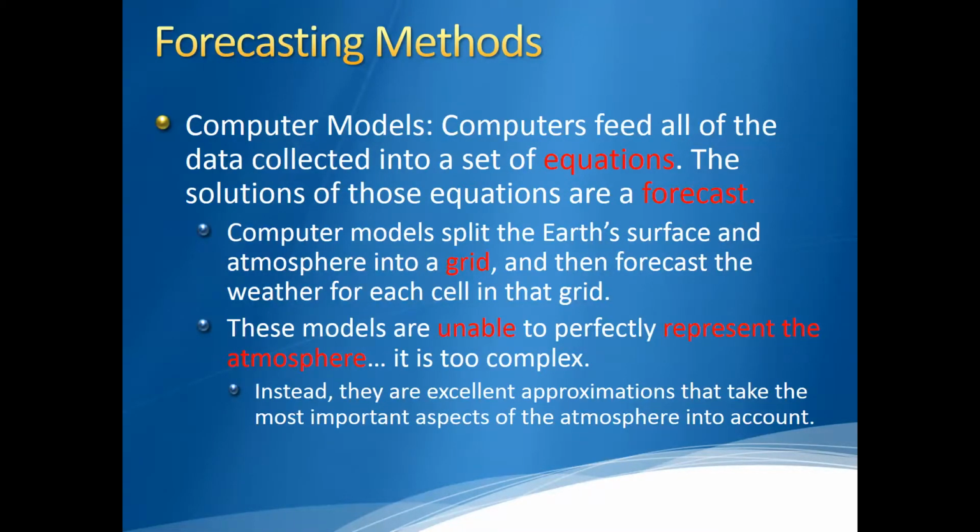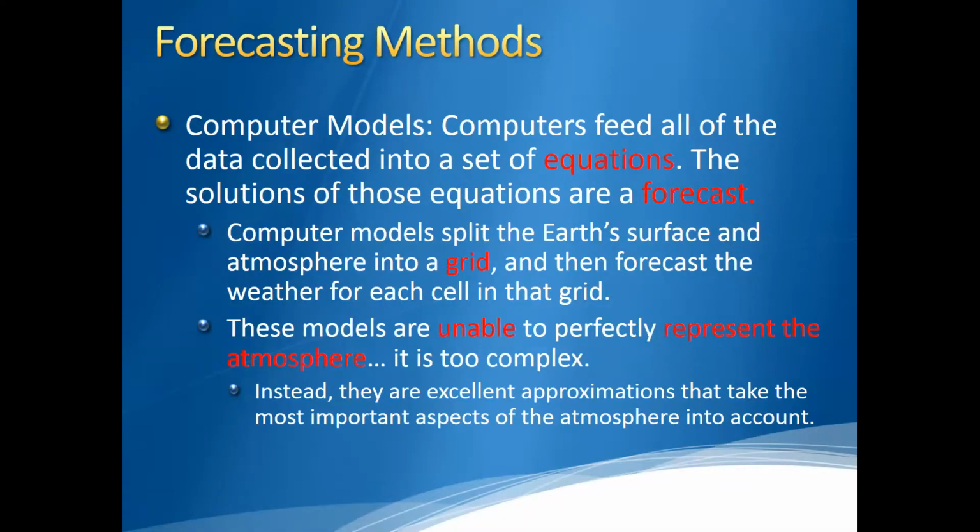So imagine a map of the Earth and then splitting it up into, say, 4 equal squares. And then you do a forecast for each one of those 4 squares. And we don't just do this for the surface, we also do it for different layers of the atmosphere. And we'll talk about that in a second.